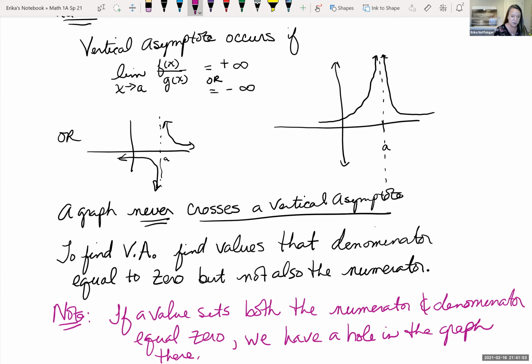So it's important to make sure that it's not setting both of them equal to 0. If it's only setting the denominator equal to 0, then we have that asymptote.